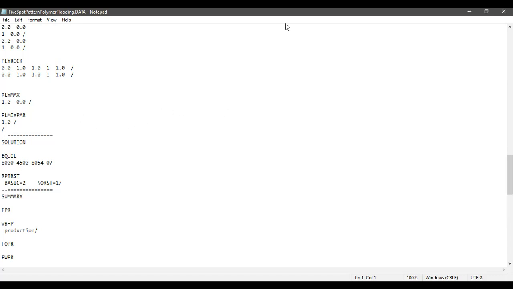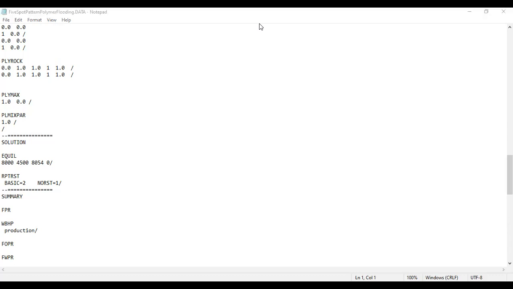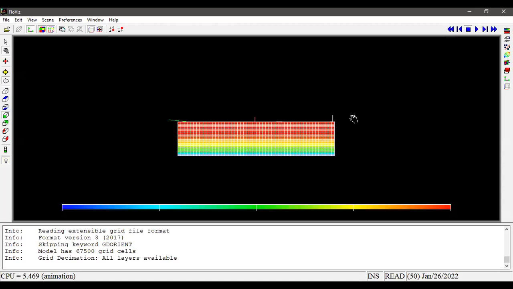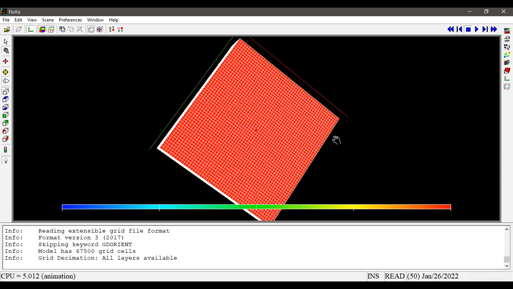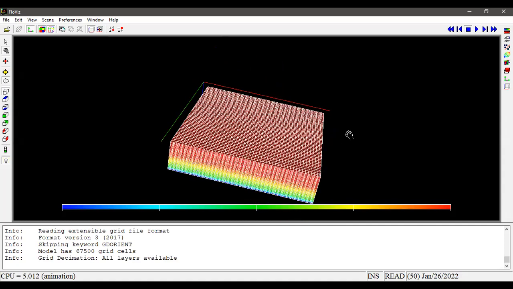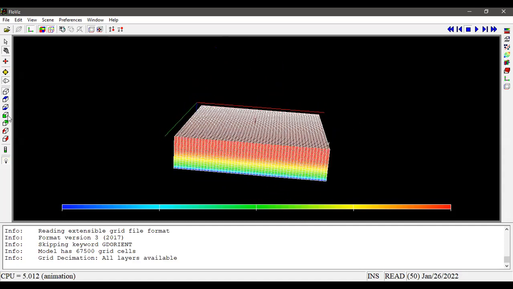We will move on to see some simulation in 3D. Here we can see a single producer case.